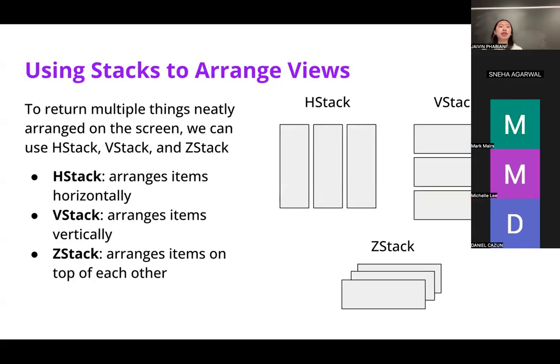So first, getting started with some Swift fundamentals. To return multiple things neatly arranged on the screen, we can use HStacks, VStacks, and ZStacks. HStacks arrange items horizontally, VStacks arrange items vertically, and ZStacks arrange items on top of each other to create depth.